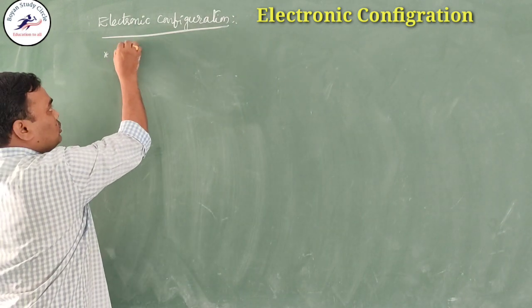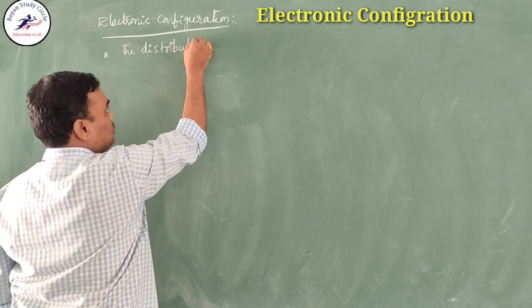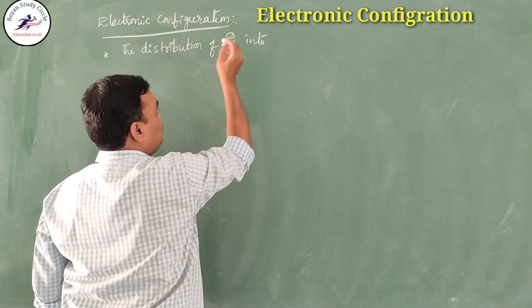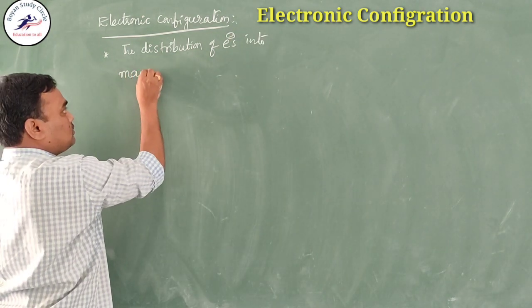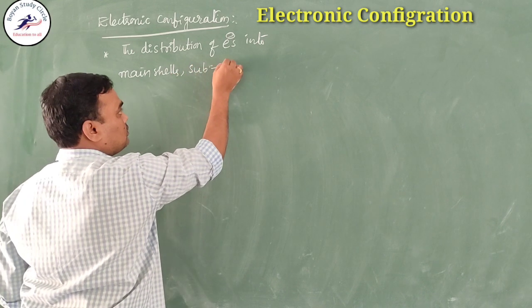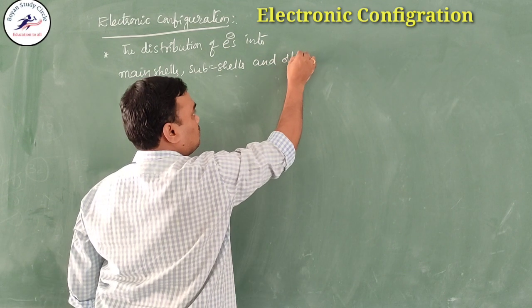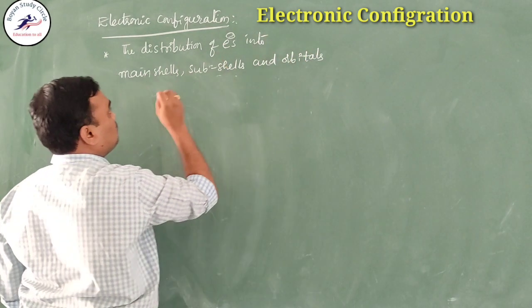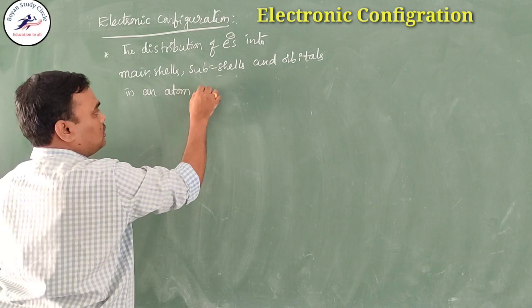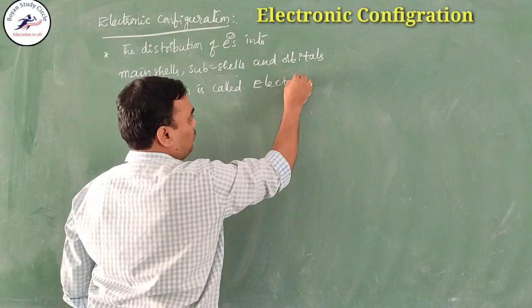The distribution of electrons into main shells, subshells and orbitals in an atom is called electronic configuration.